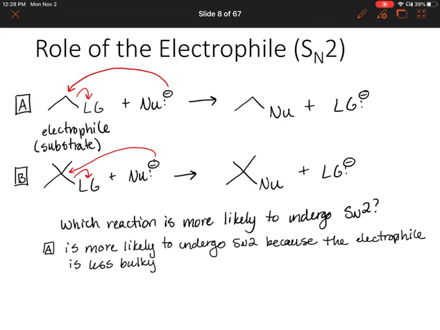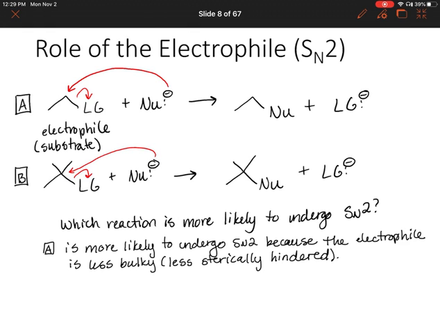Or another way to say this is it's less sterically hindered. So sterics refers to the arrangement of atoms in space. So in B, we have a ton of atoms, those methyl groups, that are hindering the nucleophilic attack. So that substrate is sterically hindered.